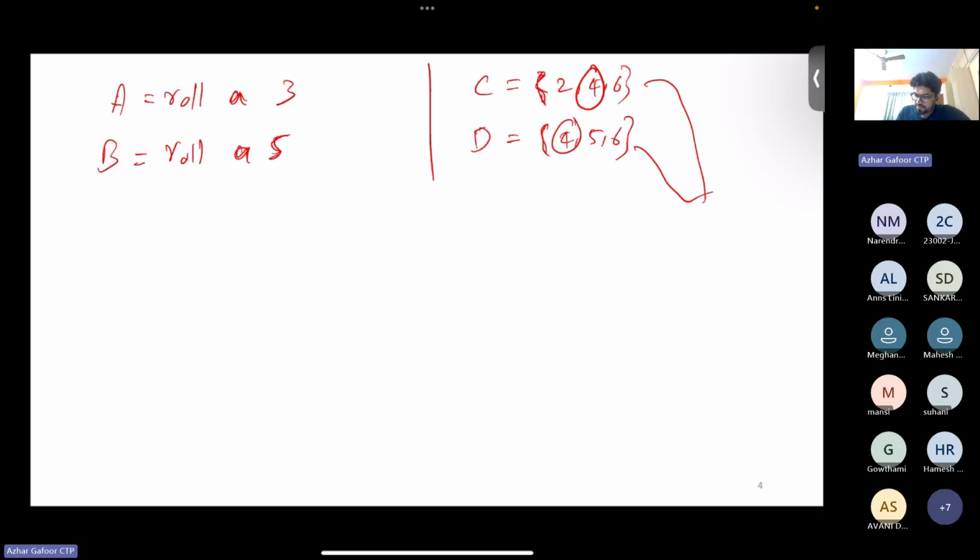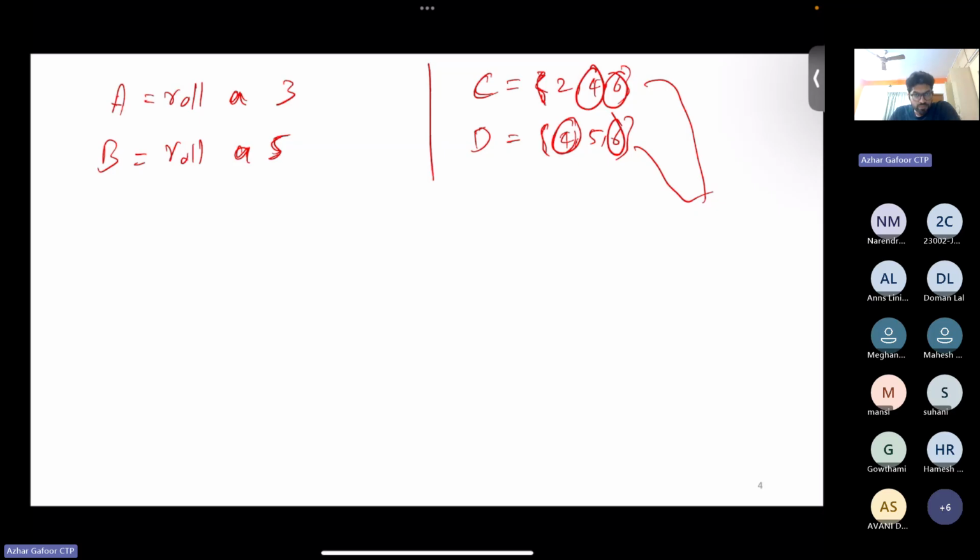The number 4 is present in event C, which is the even number event, and D is the event of getting a number greater than 3. Both 4 and 6 are in both the sets. So we cannot say these two are mutually exclusive.